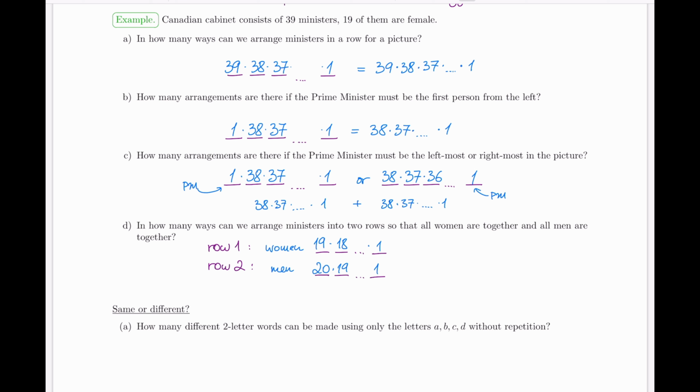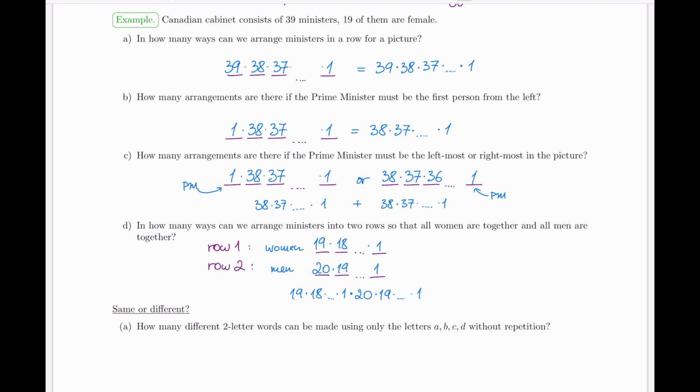And I actually have to connect all of them by the multiplication principle, because I will first place all the women and then consecutively I will place all the men. So I'm going to have 19 times 18 all the way down to 1, followed by times 20, 19 all the way down to 1.